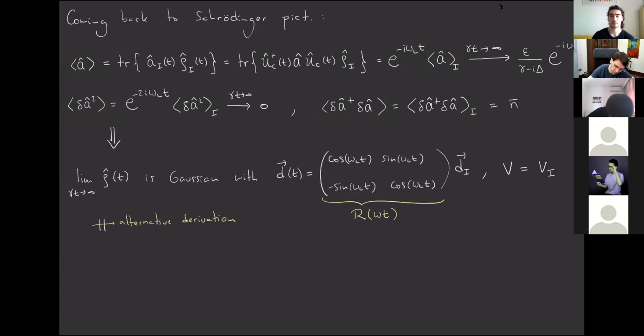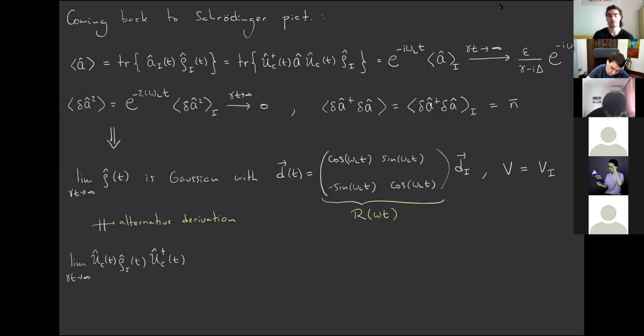You know that the state in the Schrodinger picture is just the state in the intermediate picture, but applying the transformation back to the Schrodinger picture, okay?